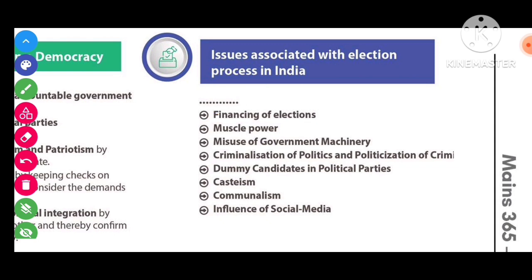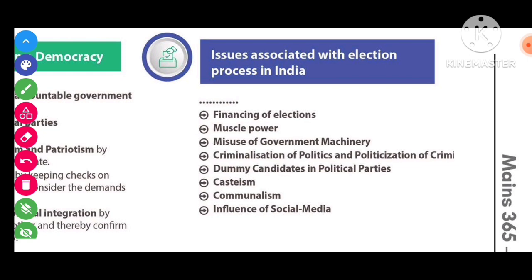that is, in India during election times there is huge expenditure in conducting elections, and muscle power.